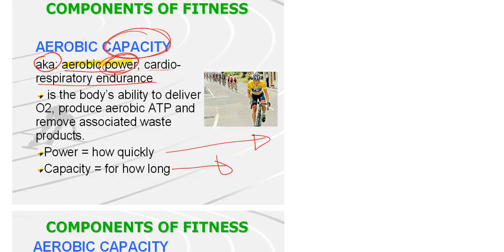So if we look at two aerobic runners, one being a 3,000 meter runner and the other being a marathon runner, the intensity of the 3,000 meter runner is higher.